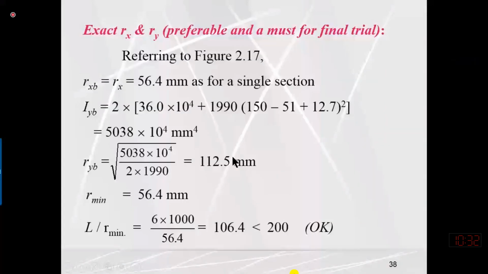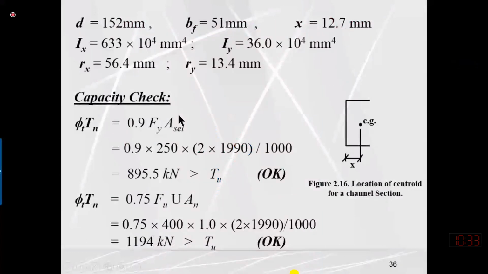Here you can see I have already written Rxb is equal to Rx. The moment of inertia of the built-up section about the y-axis is equal to Iy for this single channel. Iy for the single channel is 36 into exponent 4, which I have picked from here.